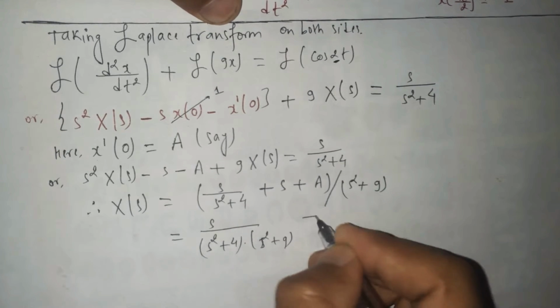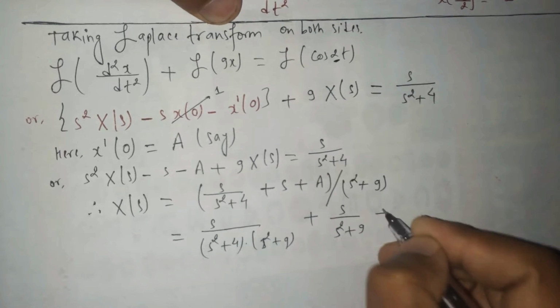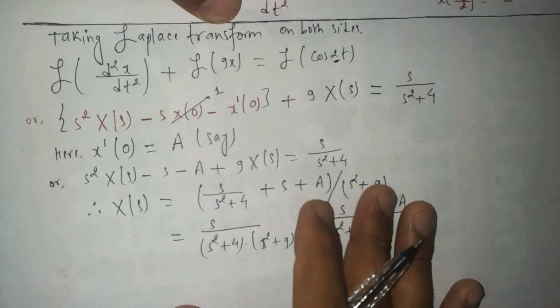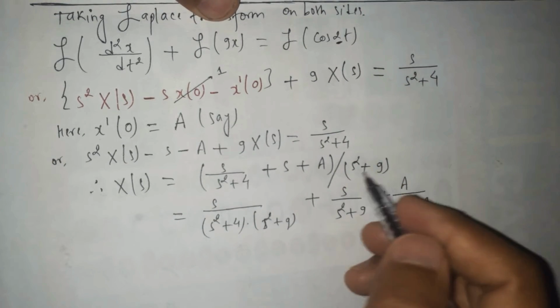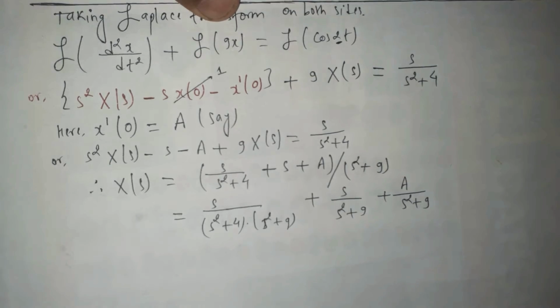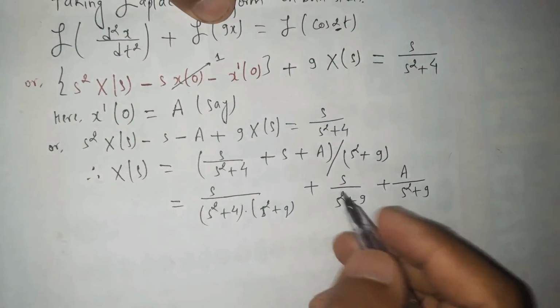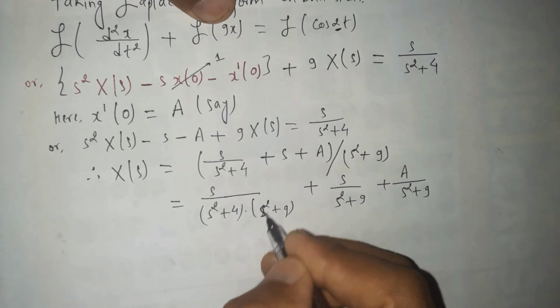This is the first term plus s over s square plus 9 plus a over s square plus 9. Here we have just distributed this common denominator s square plus 9 to each term.